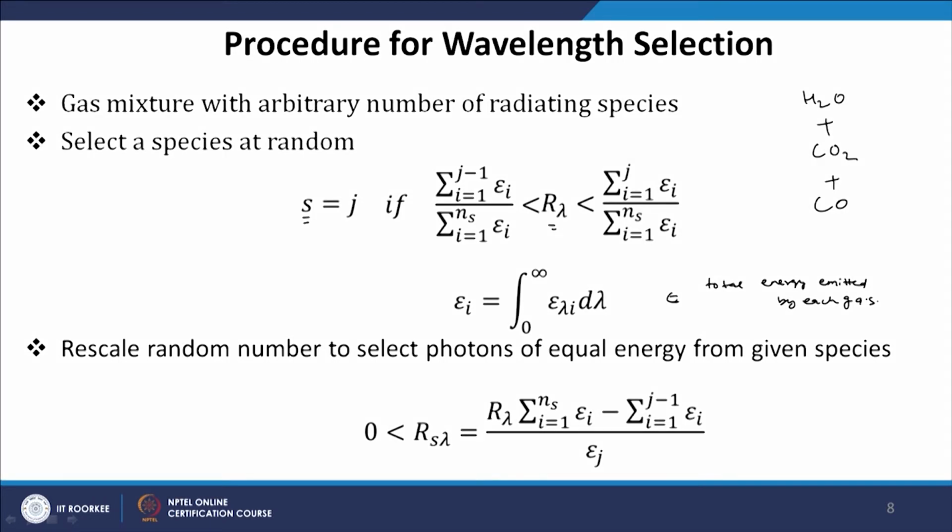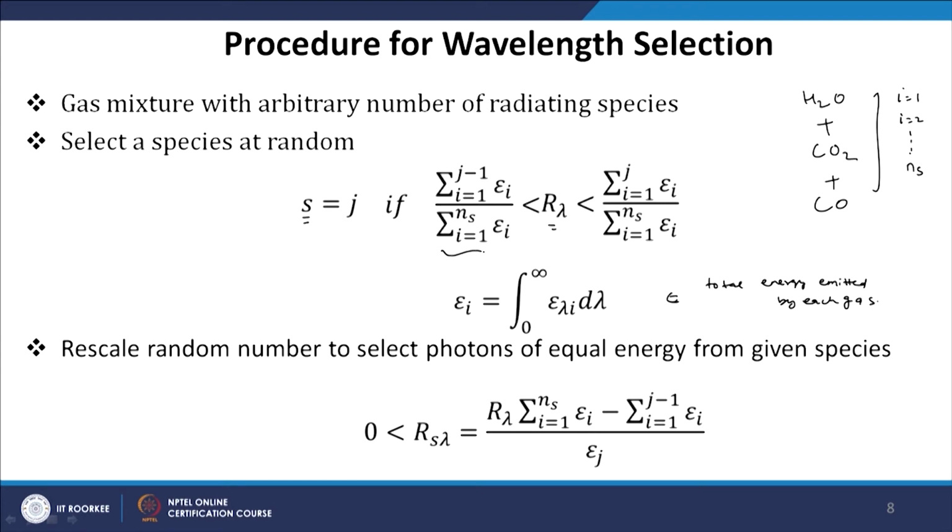This can be calculated. Now, let us say we have a total number of gases, from I equal to 1, I equal to 2 and so on. Total number of gases is Ns. So, we take a fraction. What is the fraction of energy for I equal to 1 to j minus 1, divided by the total amount of energy emitted by all the gases?